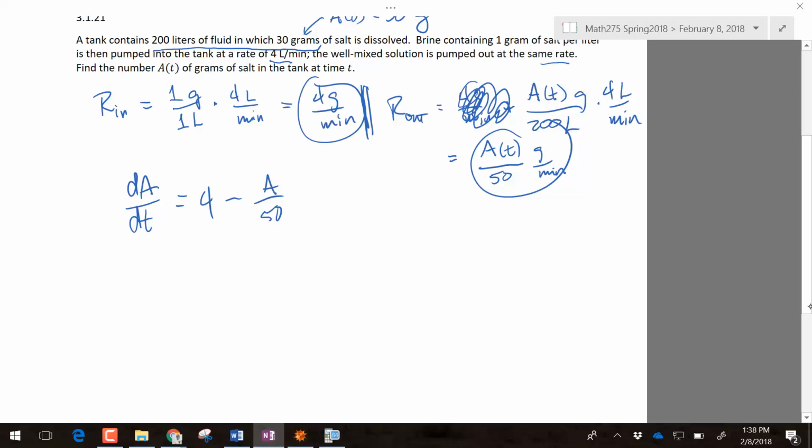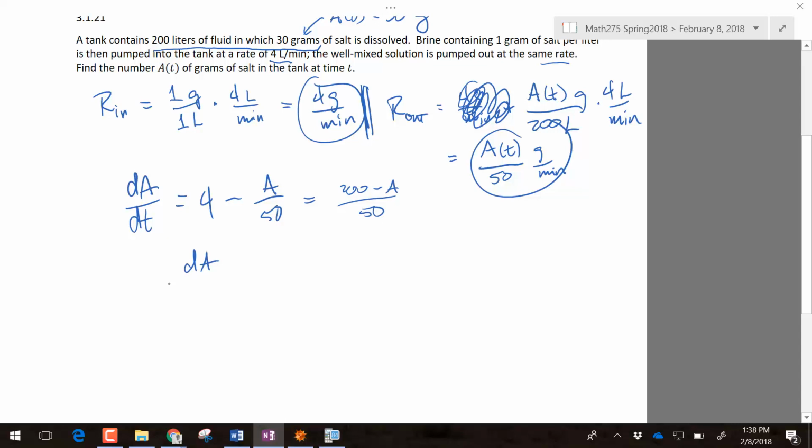All right, if this is going to be separable, we need to combine it into one fraction. So let's see, we'll go back to 200. Right, 200 over 50 is 4. So now we can separate it.